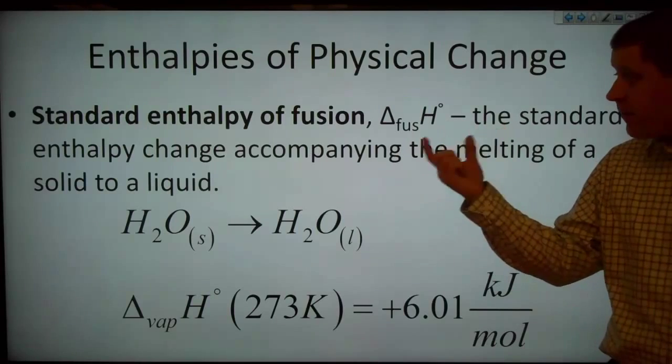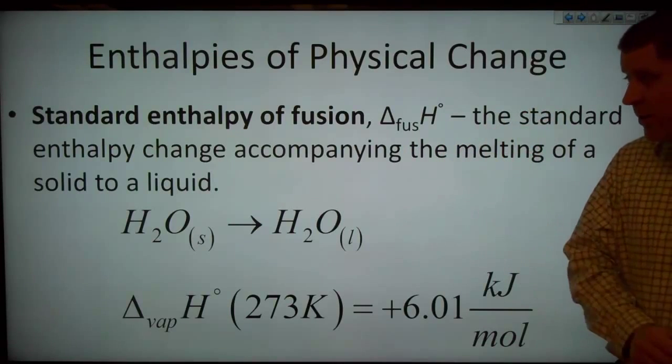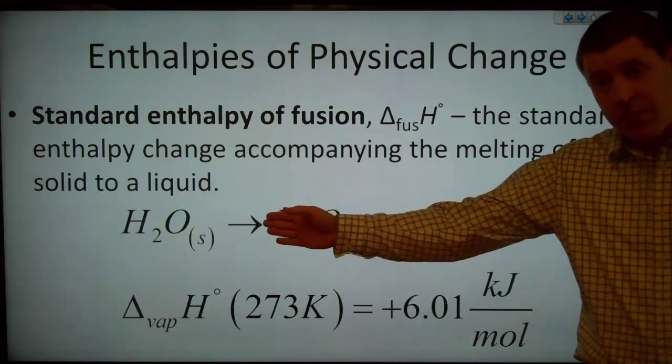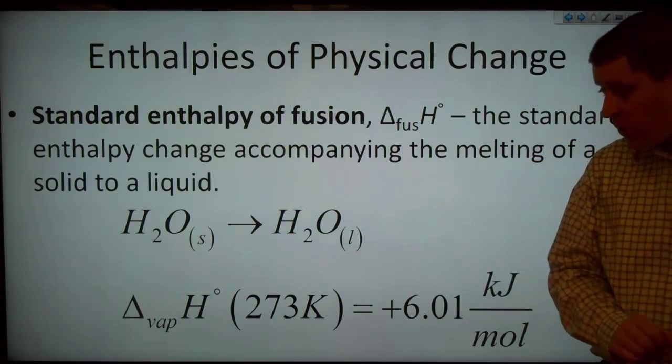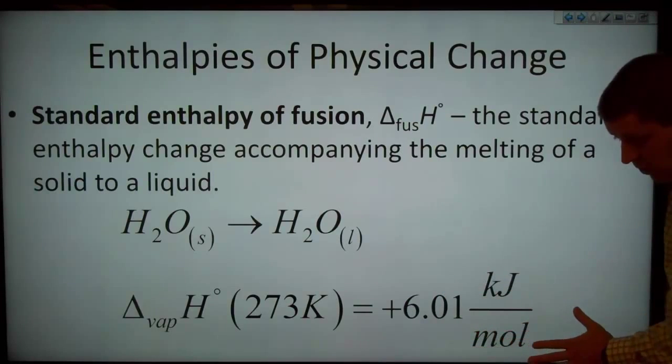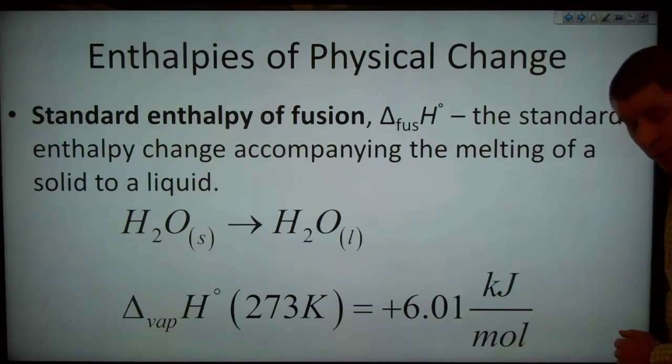The standard enthalpy of fusion is the standard enthalpy change accompanying the melting of a solid to a liquid. So if we melt ice to liquid water, the standard enthalpy of fusion for water is 6.01 kilojoules per mole.